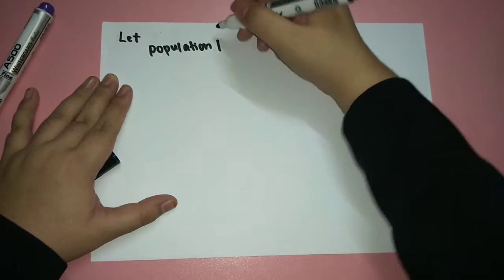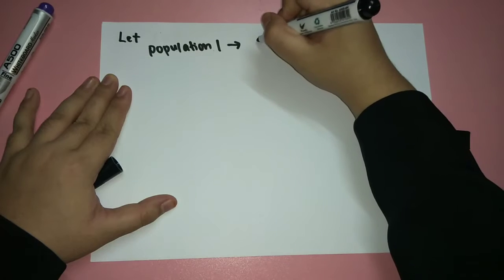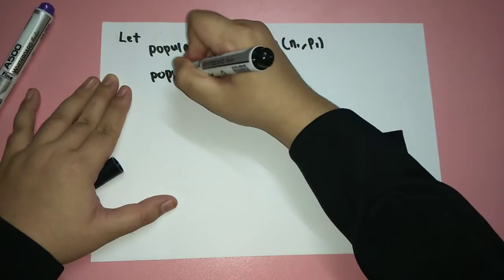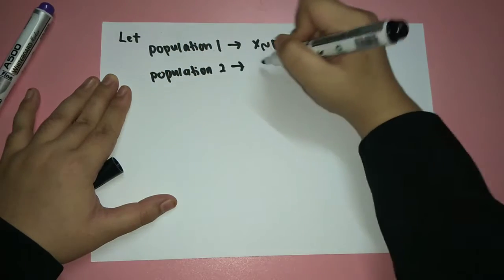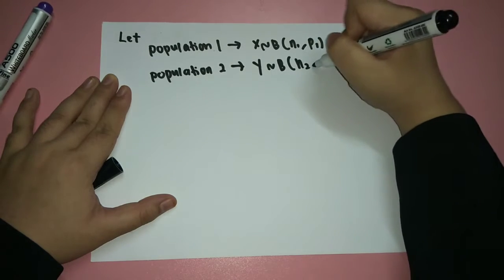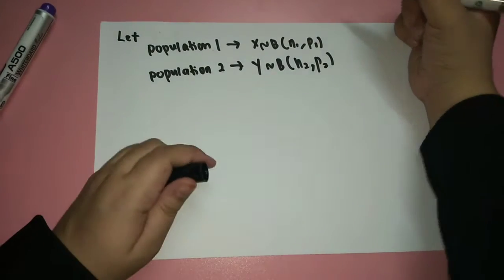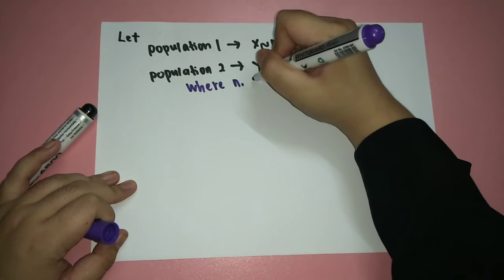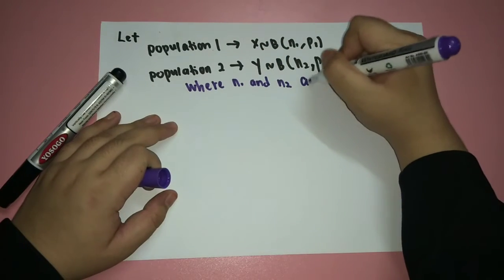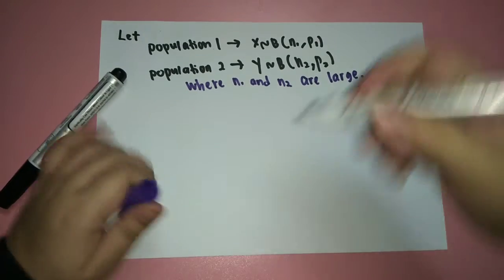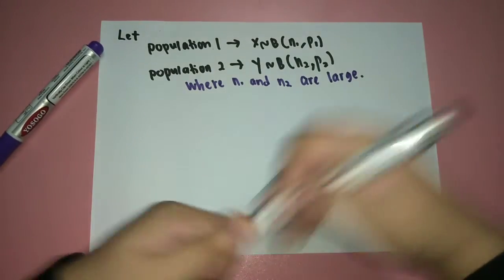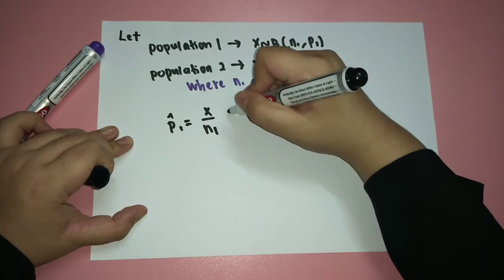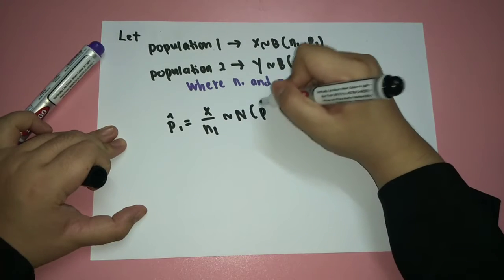We let population 1 be X, denoted by a binomial distribution with sample size n1 and number of successes x1, and population 2 be Y, denoted by a binomial distribution with sample size n2 and number of successes x2, where n1 and n2 are large. Because of the condition, we need to change this population into a normal distribution. How? By using this formula.